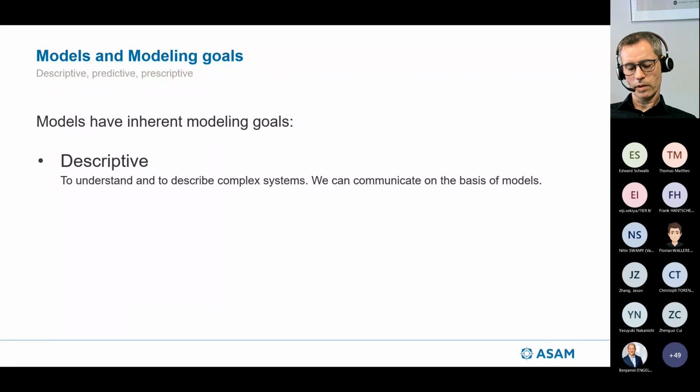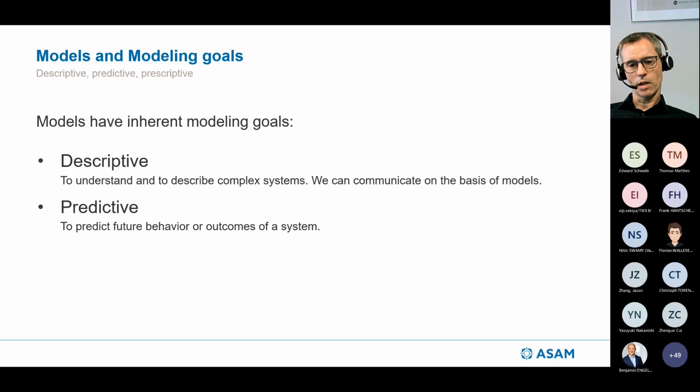For example, when we look at a class model, we have classes and associations and everything like that, which just helps us to understand the complex system or the domain we are operating in, and to communicate on the basis of this model.